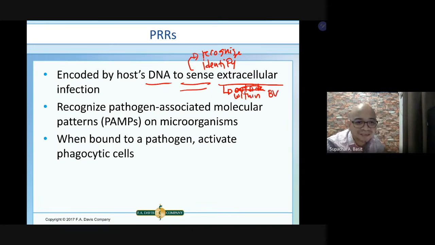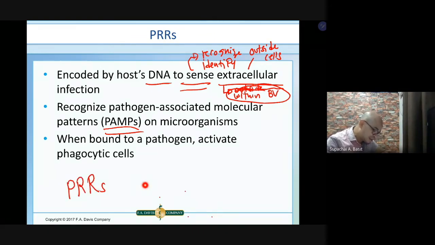Because once the pathogens are already intracellular, that's another story. So PRRs can recognize PAMPs. What are PAMPs? Pathogen associated molecular patterns. Let me write it so that you won't get confused.